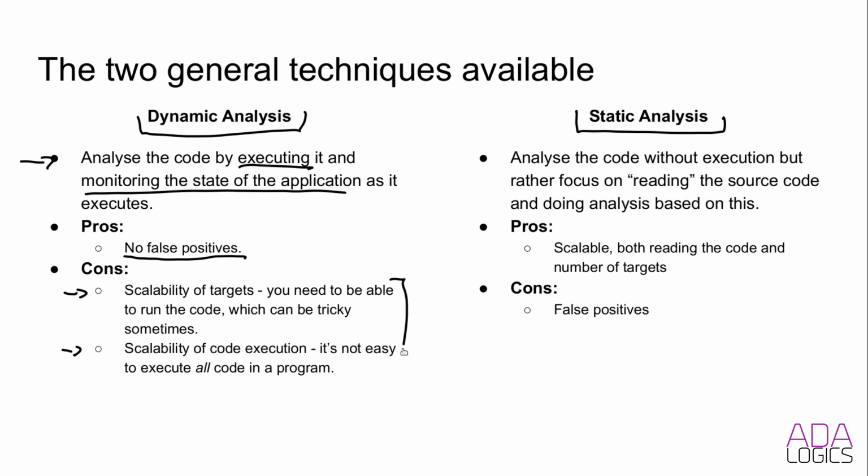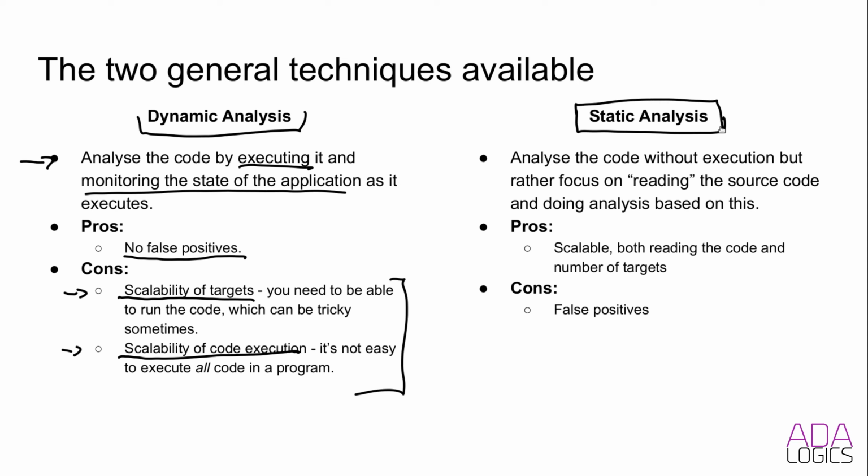Although these are cons, they shouldn't be seen as enormously limiting, in that indeed a lot of targets are being analyzed by dynamic analysis, and a lot of the code in each of these targets are also being analyzed by dynamic analysis. But this also has required a fair bit of human effort to integrate this kind of complete coverage of various targets. On the other hand, we have static analysis.